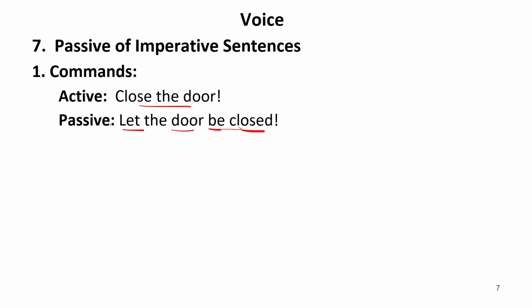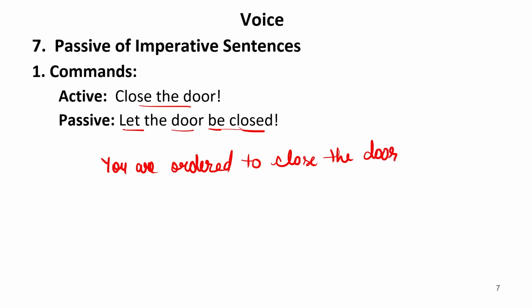Now we can convert the sentence into passive voice in another form, like you are ordered to close the door. So in this manner as well, we can convert the sentence into passive voice. This is also correct. Now let us see one more sentence.